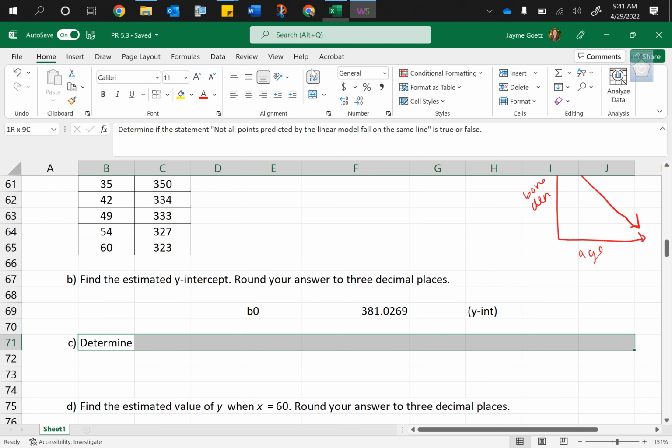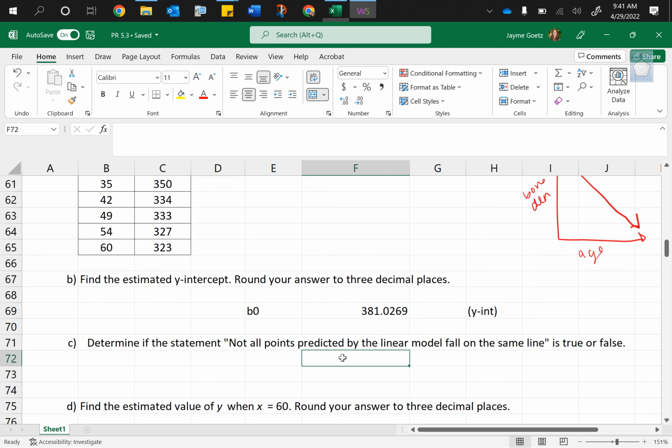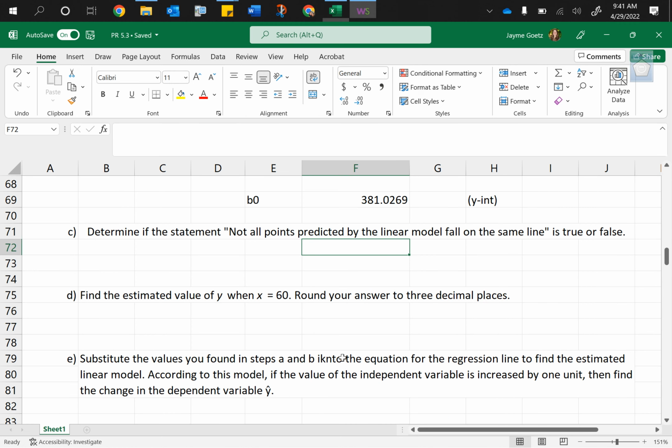Let's talk about that. So let's talk about the linear model. We found our slope, we found our y-intercept. So what if I put that together in the linear model?